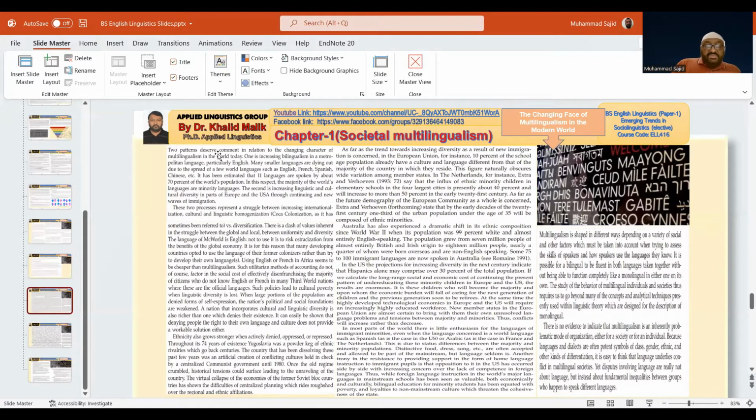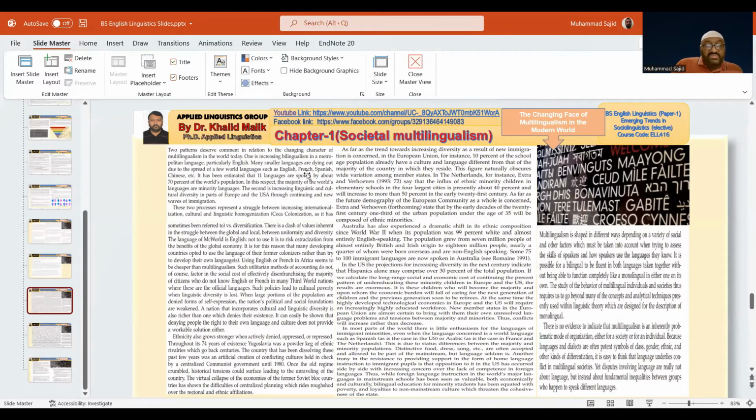Two patterns deserve comment in relation to the changing character of multilingualism in the world today. One is increasing bilingualism in a metropolitan language, particularly English.